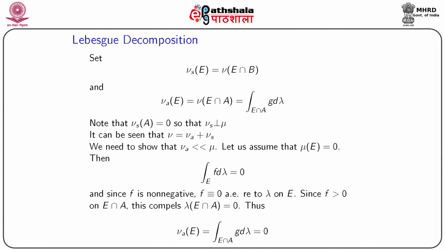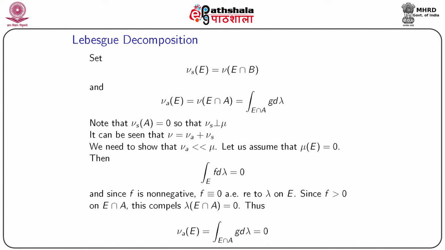Now we need to show that nu a is absolutely continuous with respect to mu. So let us assume that mu of E is equal to 0, then the integral over E of f d lambda is equal to 0. Since f is non-negative, f is equal to 0 almost everywhere with respect to lambda on E.